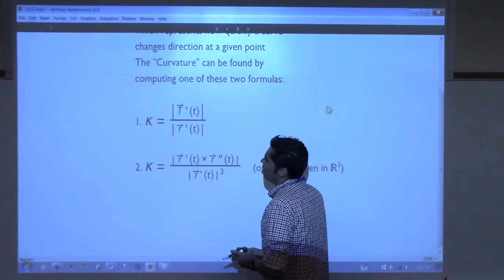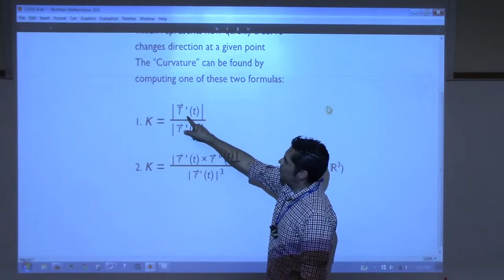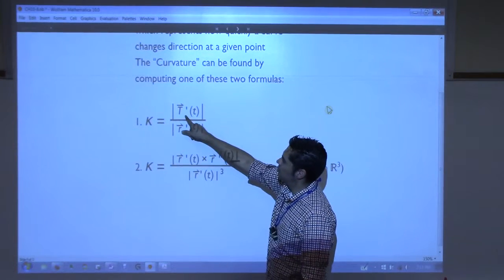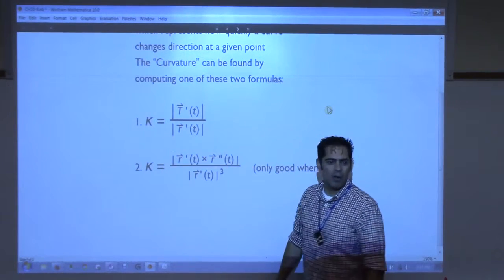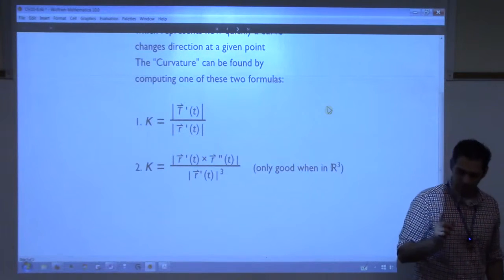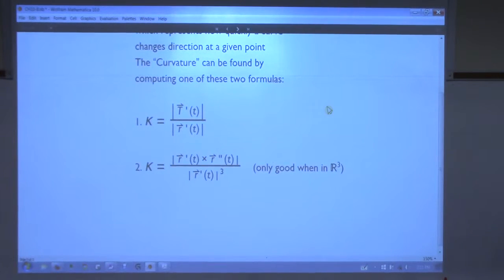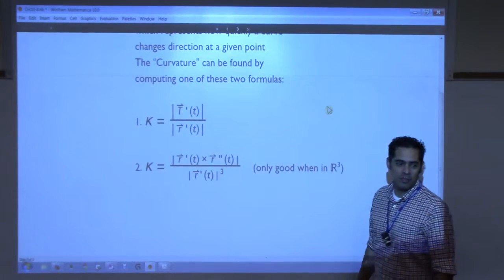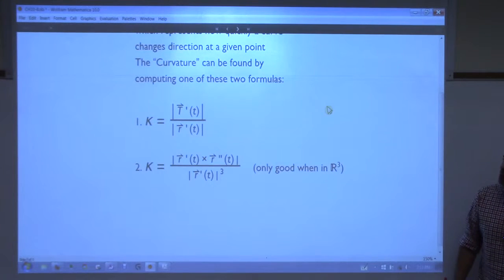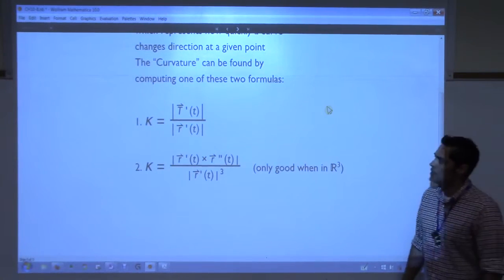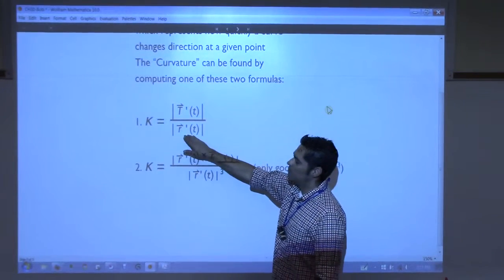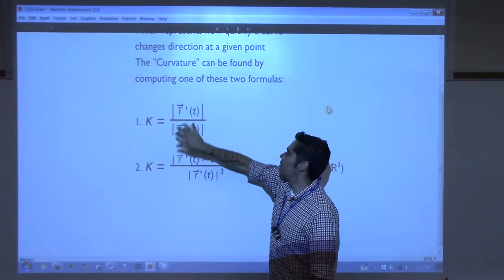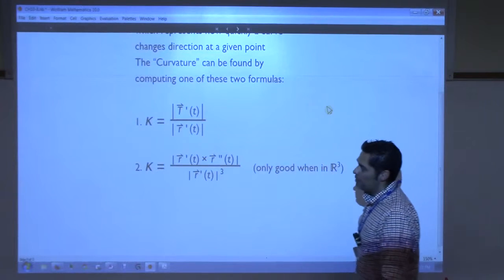Do you recognize this? Capital T was the what? Unit tangent vector. It's the derivative of the unit tangent vector, magnitude of that, divided by the magnitude of the derivative of the position.